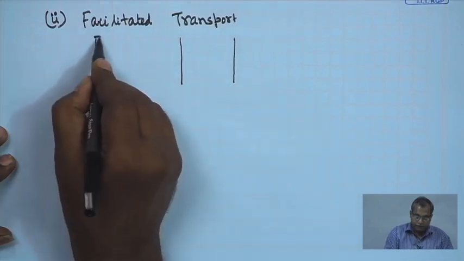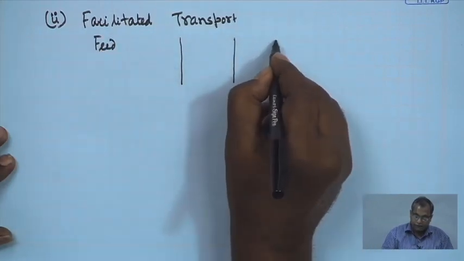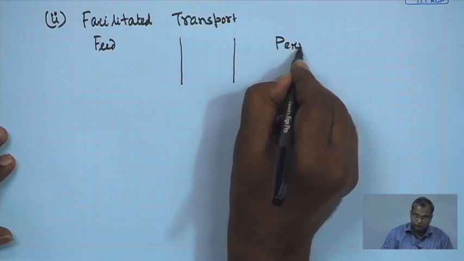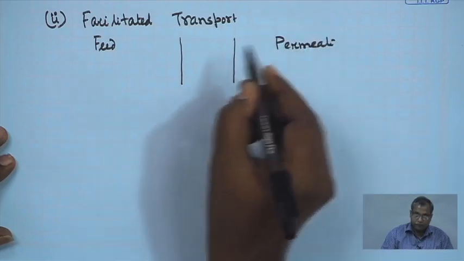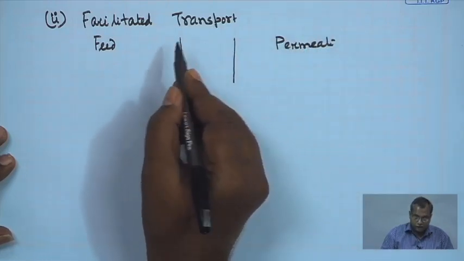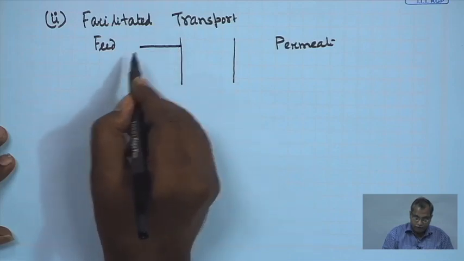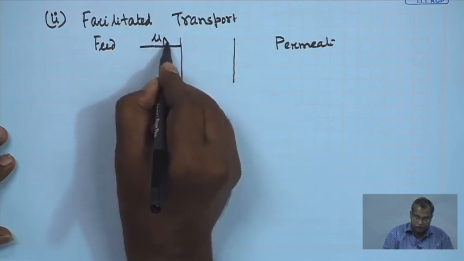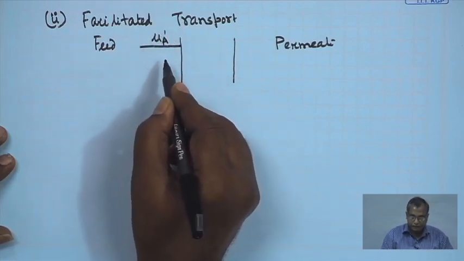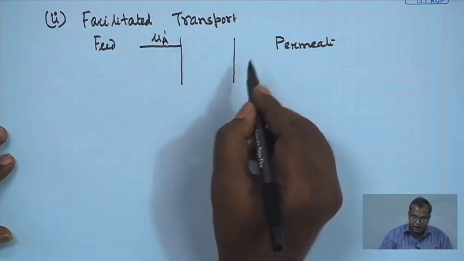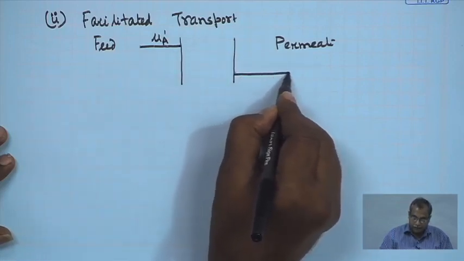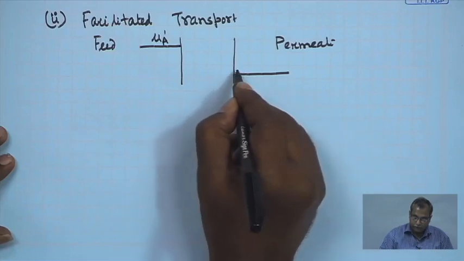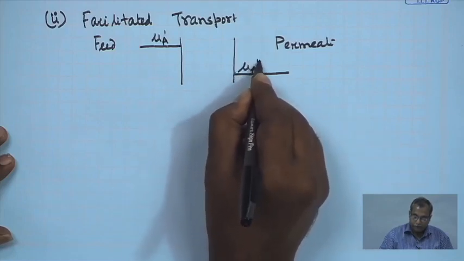So, this is the feed side, this is the permeate side, and you have chemical potential mu A prime of the species A in the feed side, and in the permeate side you have the chemical potential mu A double prime.